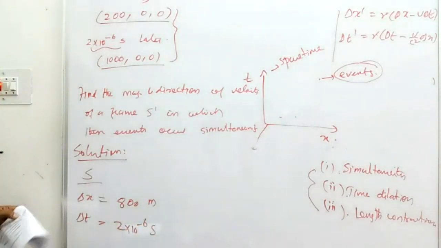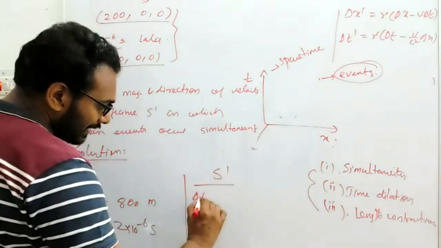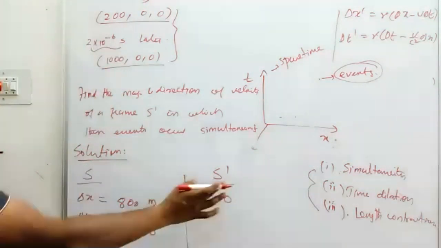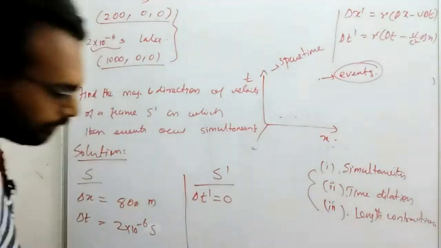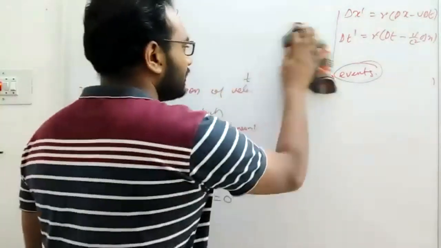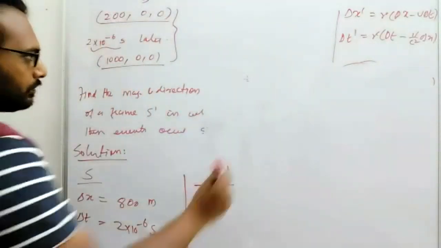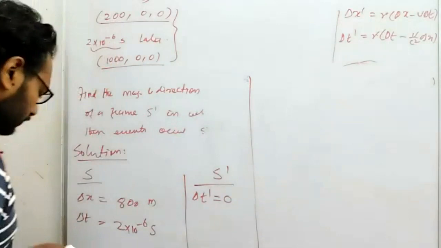For S prime, we know that delta T prime is given to be 0. It happens simultaneously in the frame S prime. So what's the velocity at which S prime travels with respect to S? That's the question.